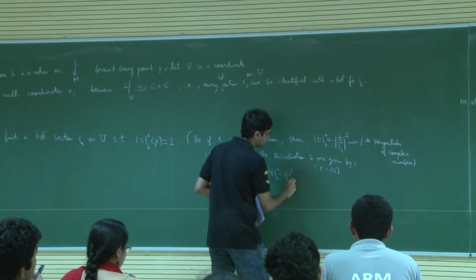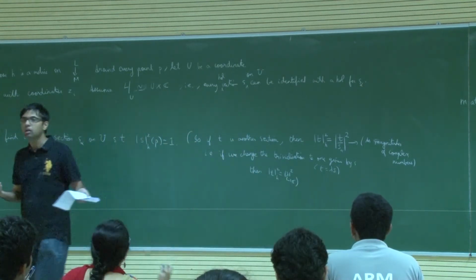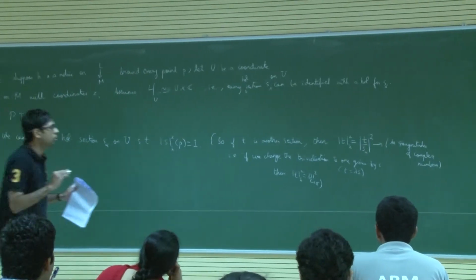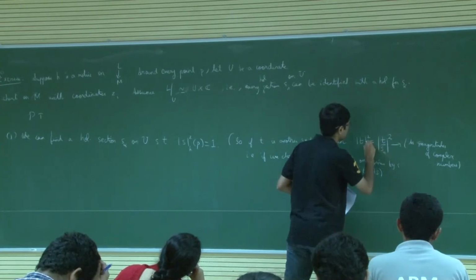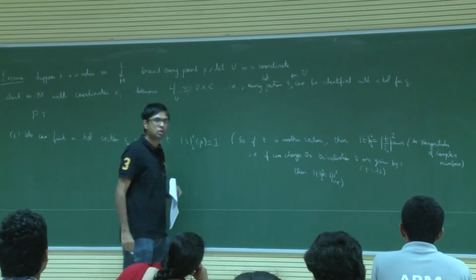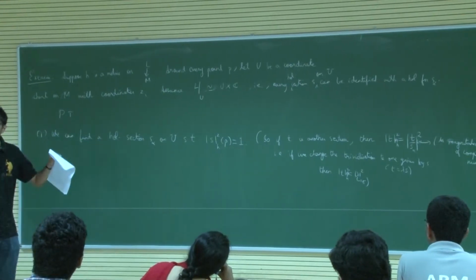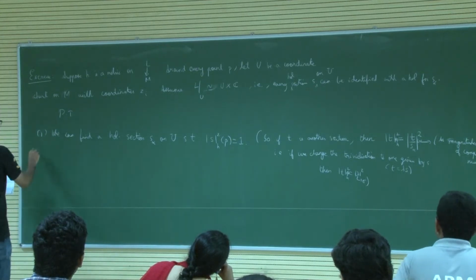This is just a complex number. So it's just the Euclidean metric in this new trivialization at this point. You're making the metric at a particular point standard.